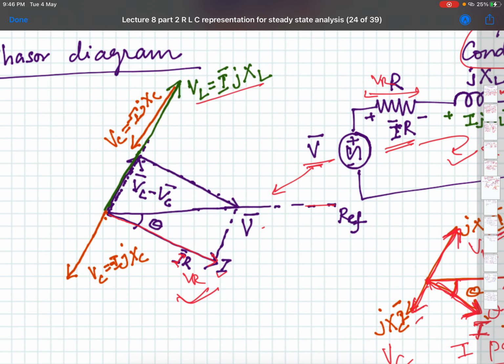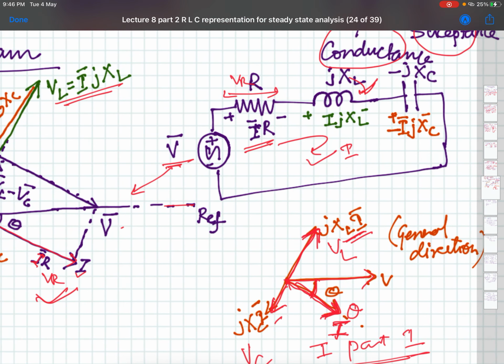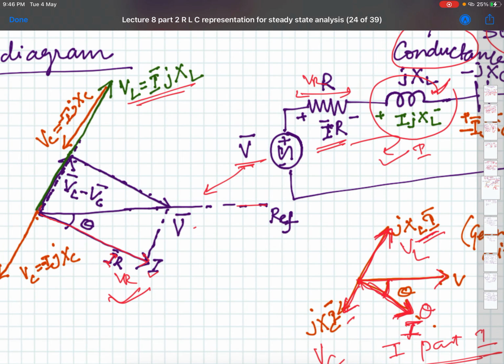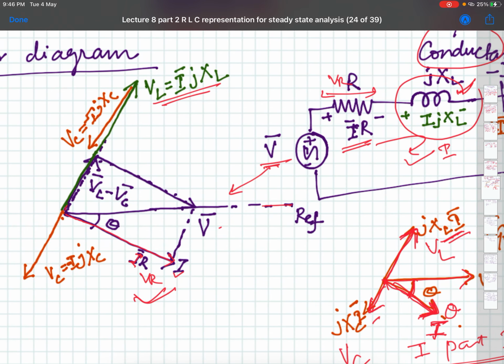Now at 90 degrees is VXL, that is VL, and this is at 90 degrees, and this is VC, and since they are along the same line, in opposite directions, you have to subtract.